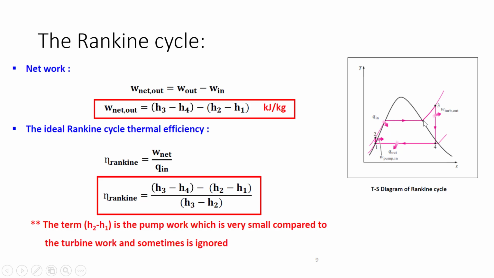Q in is here, the highest being H3, H2, so H3 minus H2. The term H2 minus H1 is the pump work, which is very small compared to turbine work and sometimes is ignored. Usually it is not ignored, so don't ignore it if it is given.